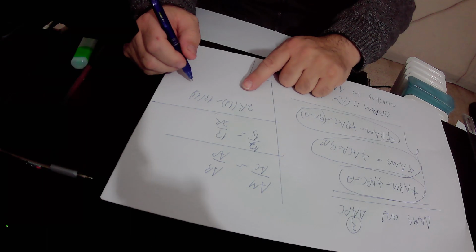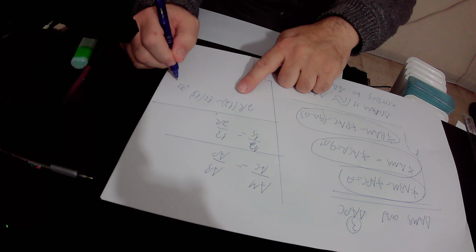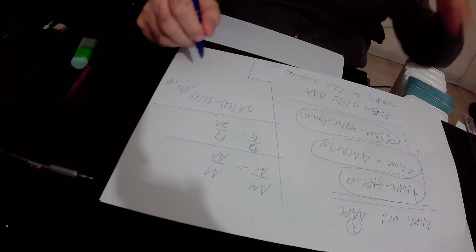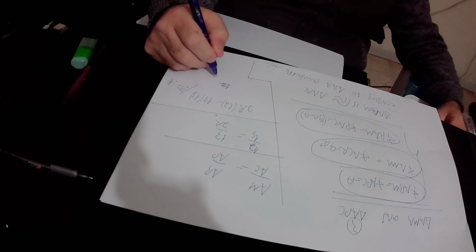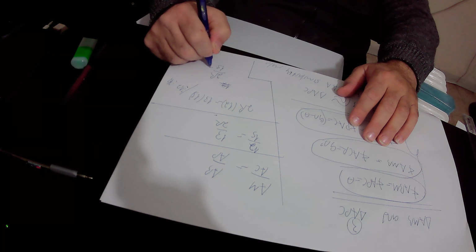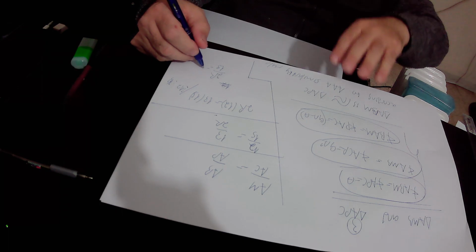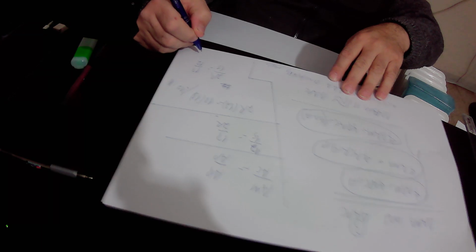Here we will divide this equation by 12 and also by 13, and we get that 2R over 15 equals 13 over 12.